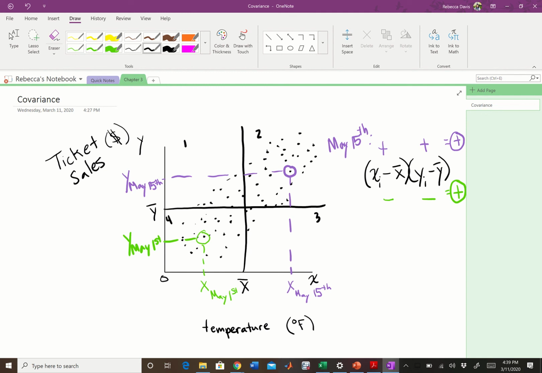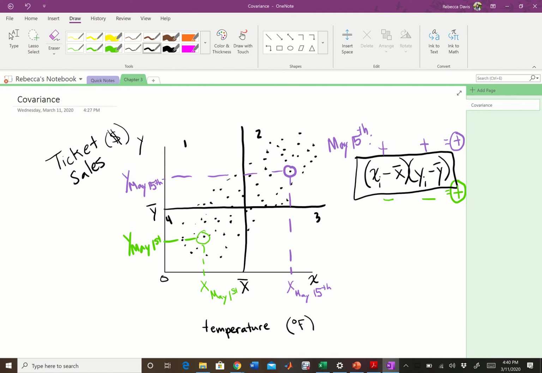We do have data points in quadrants 1 and 3, and if we pick those points, we would find that the numerator, what's written here in these parentheses, would be negative for the data points that show up in quadrants 1 and 3. But there are way more points in quadrants 2 and 4, so on net, your covariance would end up being positive.